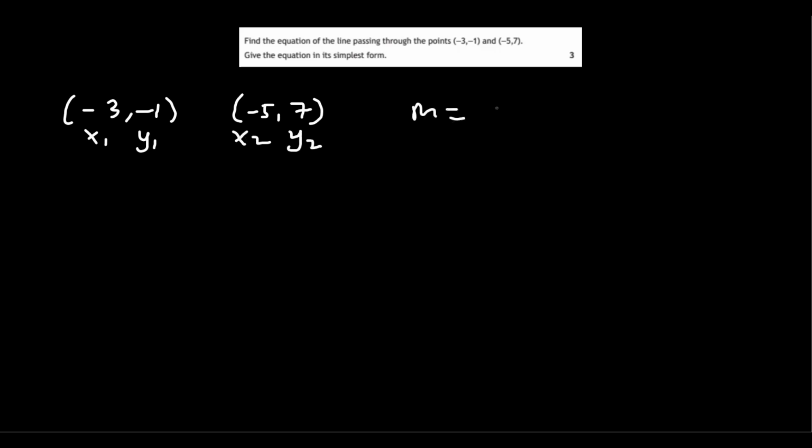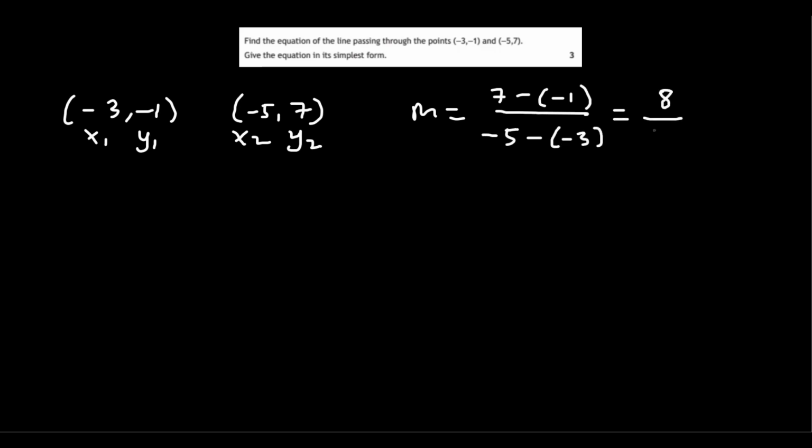Okay, let's try one more example. So we start by finding the gradient as usual. So that's x1, y1. That's x2, y2. So the gradient is y2 minus y1 over x2 minus x1.